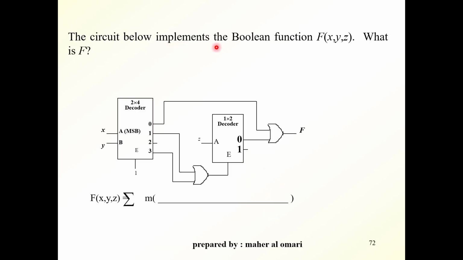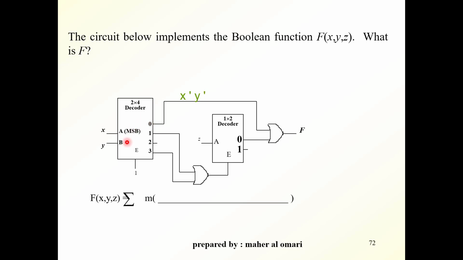The circuit below implements the Boolean function f with the domain x, y, z. Here we have x, y, and z. What is f at the output? Remember, this is a decoder. Remember the equation of the decoder.